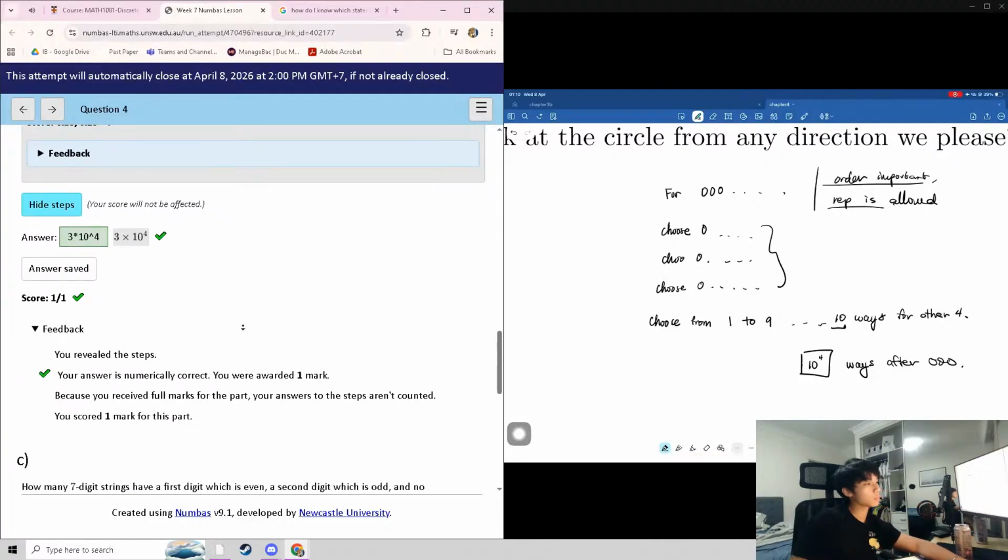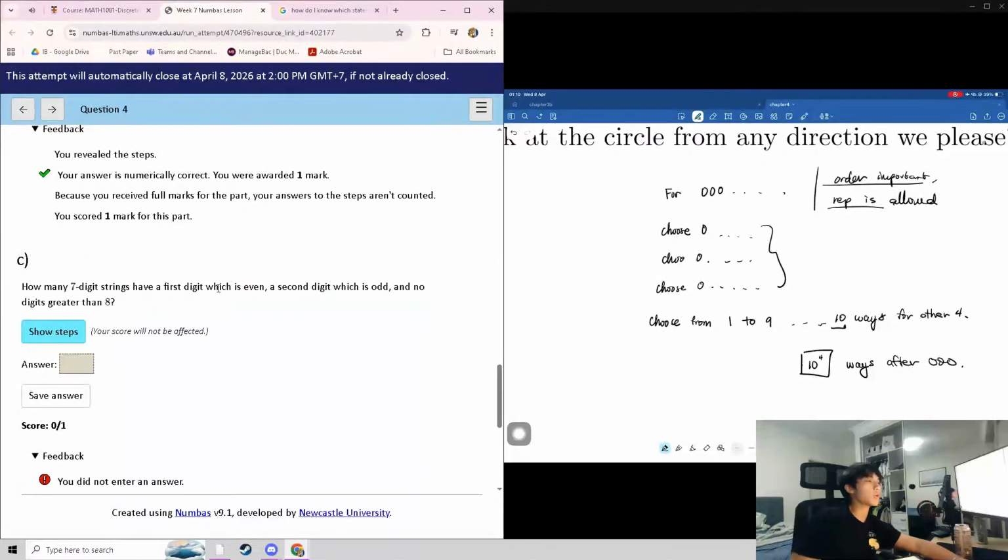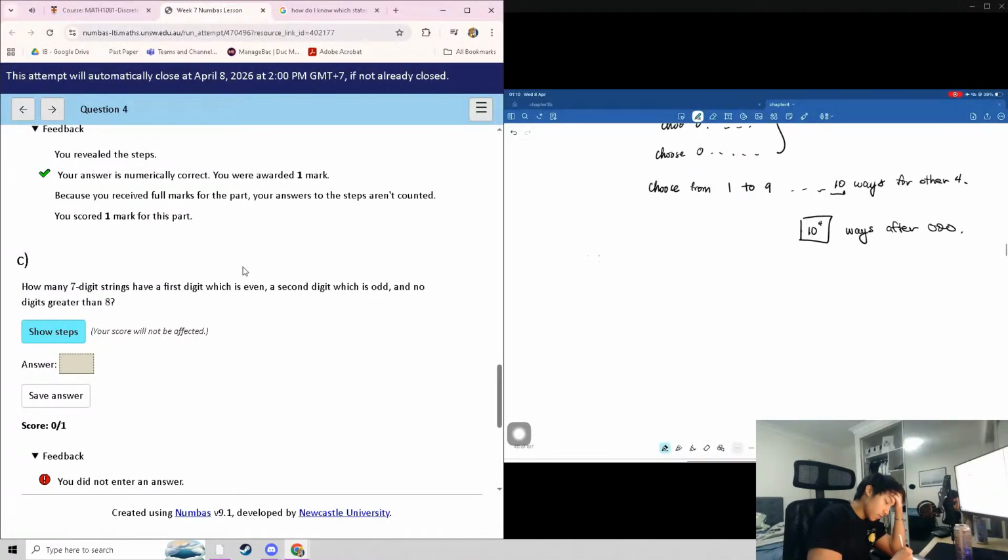How many 7-digit strings have a first digit which is even, a second digit which is odd, and no digits greater than 8? Okay, 4. Repetitions allowed.